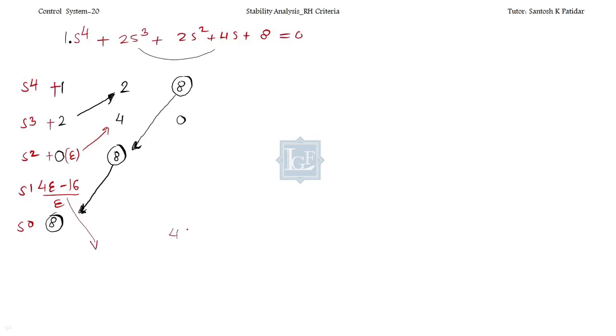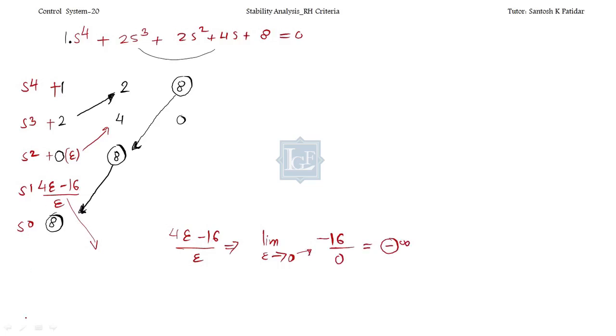The value is 4 epsilon minus 16 divided by epsilon. The epsilon is equivalent to 0, means limit epsilon tends to 0. So over here you will get minus 16 divided by 0. So this will be minus infinity, means we are interested in the sign change only.